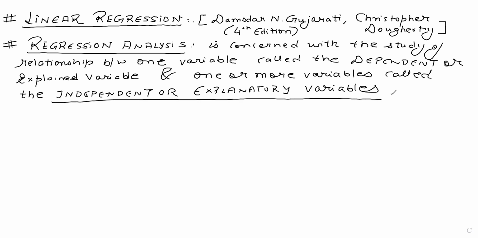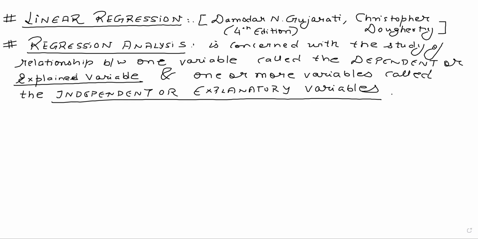Okay, so regression analysis is basically concerned with studying the relationship between the dependent variable, which we also call the explained variable, and one or more variables. It can be one variable, it can be more than one variable, which we call the independent or the explanatory variable.